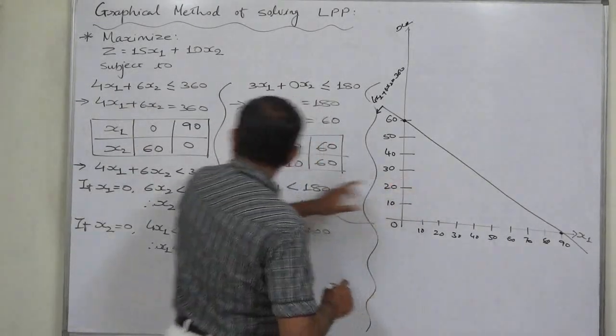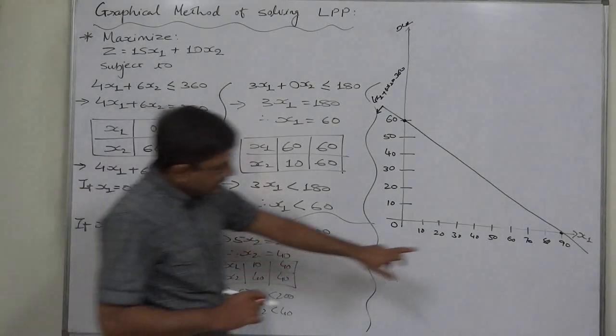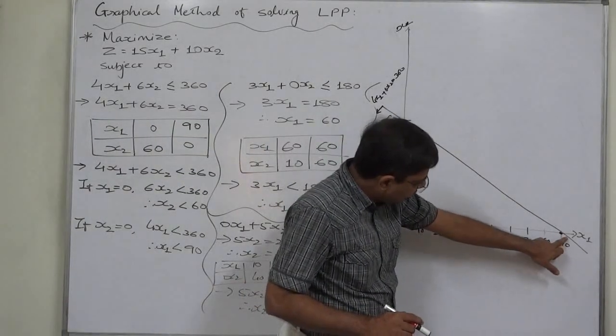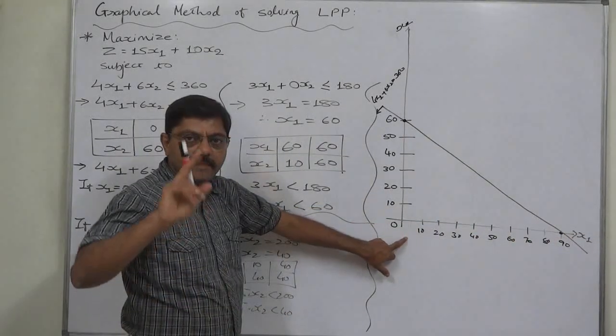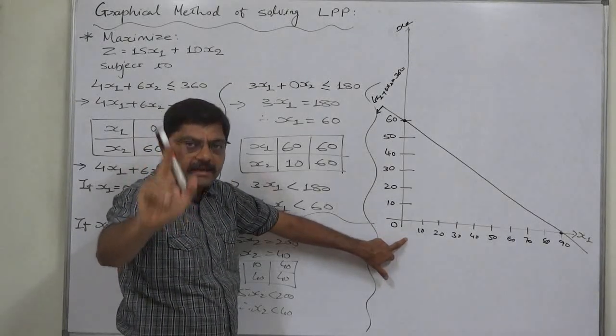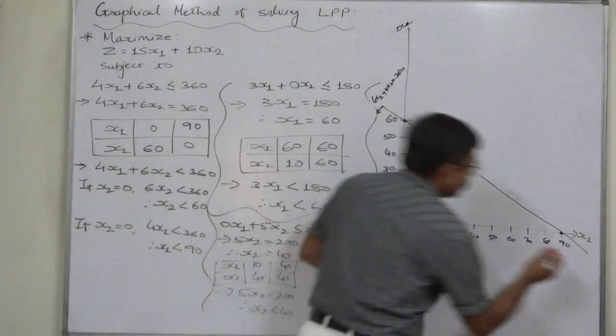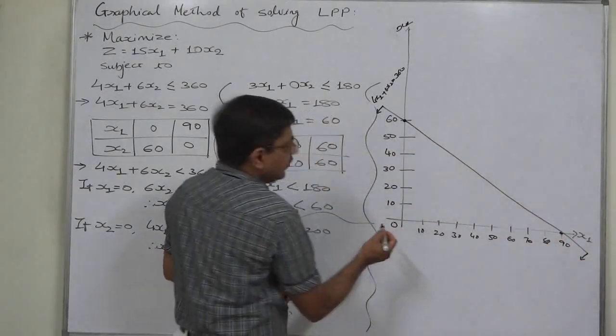Now, similarly, x1 less than 90. x1 is exactly 90 here, and less than 90 means all these values, and because of the non-negativity constraint, x1 is not going to take any value less than 0. 90 or less.